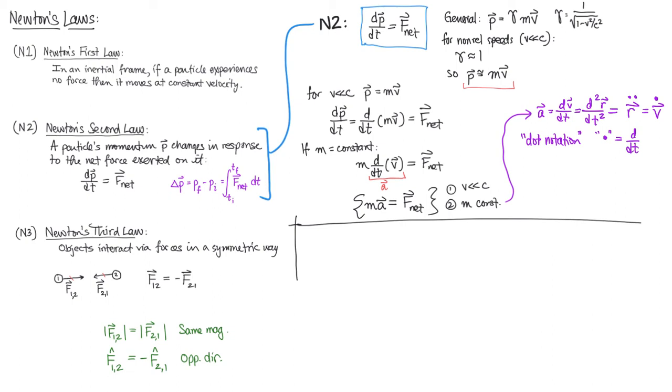Okay, so one of the challenges we're going to be faced with is if we have a so-called equation of motion that looks like this. We'll call this an equation of motion, in which we have an expression that relates the net forces at play and the second derivative of a position.